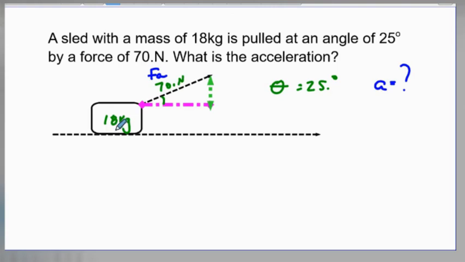So let's just make sure we've got our free body diagram done. I have a force of gravity pulling down. I have a force of friction. Oh, I didn't put my coefficient of friction in this problem. Mu is 0.15. What is pulling up? Well, we've got a force pushing up from the surface, which is a normal force.